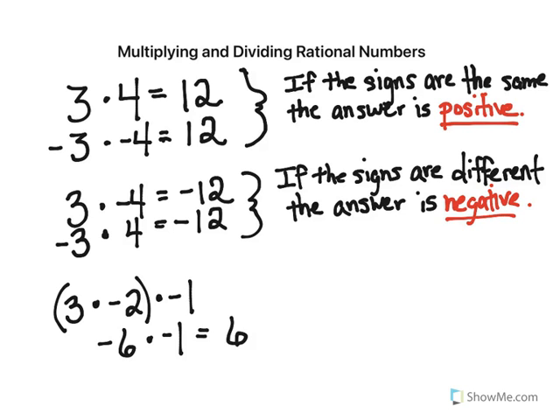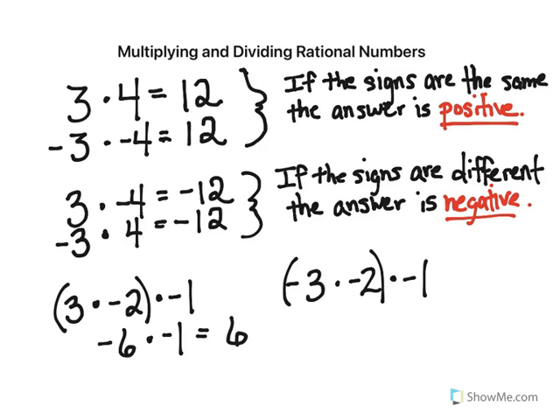So what if you have a negative 3 times a negative 2 times a negative 1? We have 3 negatives. Let's try again and start with the first two. I'm putting parentheses around them so you can see that I'm going to multiply these two first.